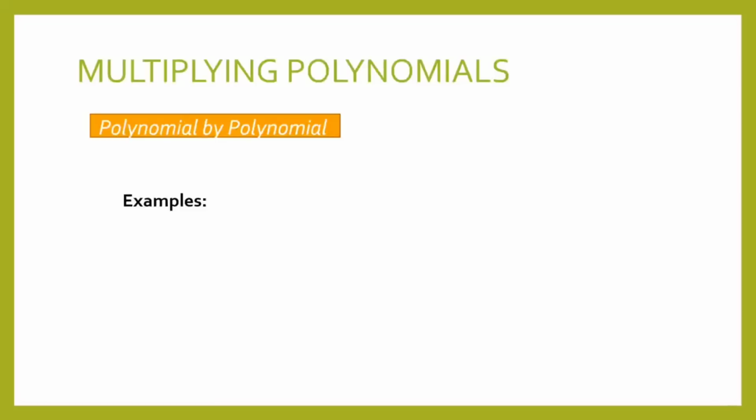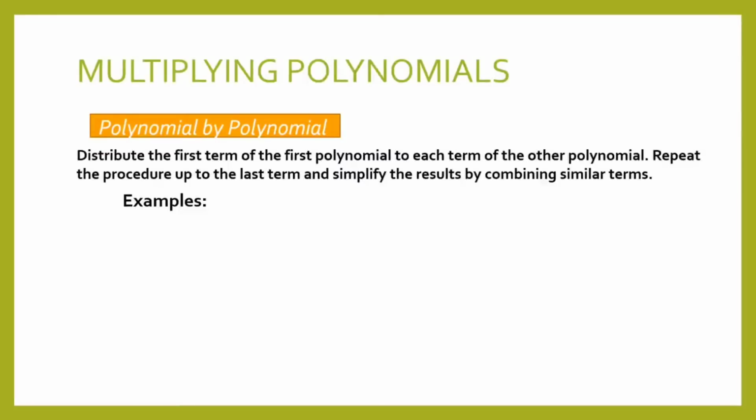This time, let us learn how to multiply a polynomial by a polynomial. So it says there, distribute the first term of the first polynomial to each term of the other polynomial. Repeat the procedure up to the last term and simplify the results by combining similar terms.